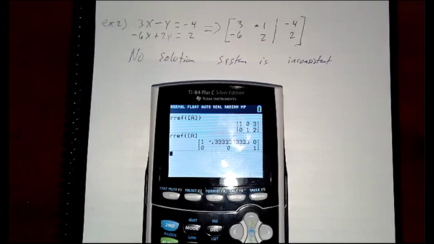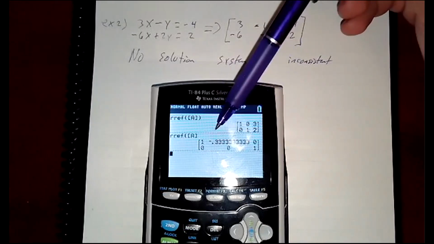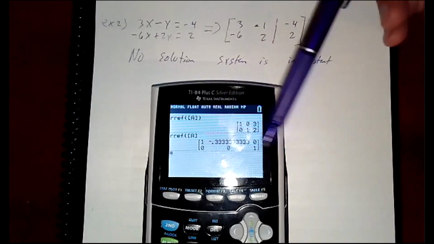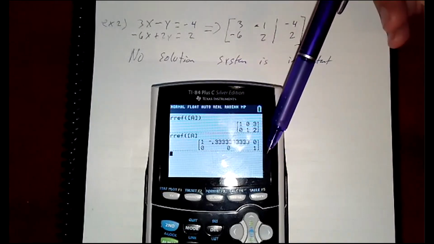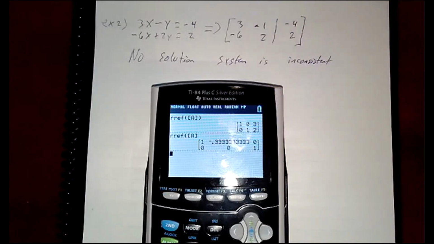Notice this is how it looks in the calculator. You see how it says 0 is equal to 1 in the bottom row? That is inconsistent. That's false. If you see this on your calculator, you should say, oh yeah, there's no solution here. If you graph it and you see that it's parallel, right away, no solution because the lines are parallel. Anyway, are there any questions on these ideas here?